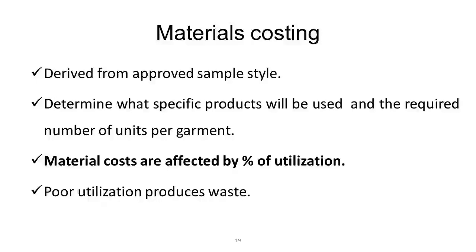And the most important part of materials costing as well as fabric costing is this aspect of percent of utilization. This is very, very important, and a merchandiser should know how much is the percent utilization of a particular type of material.